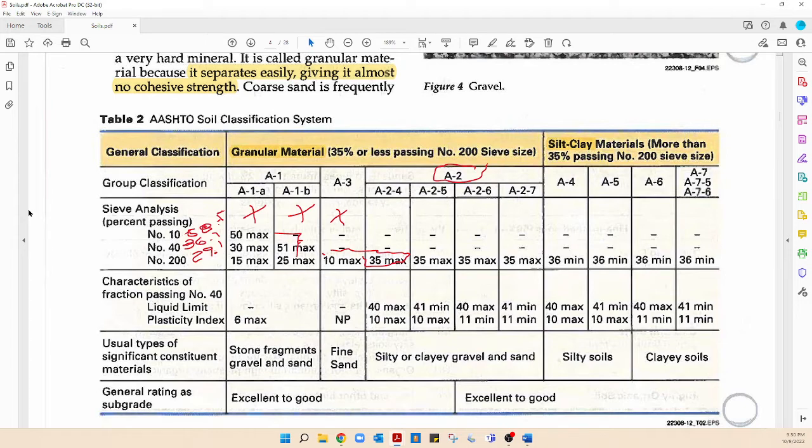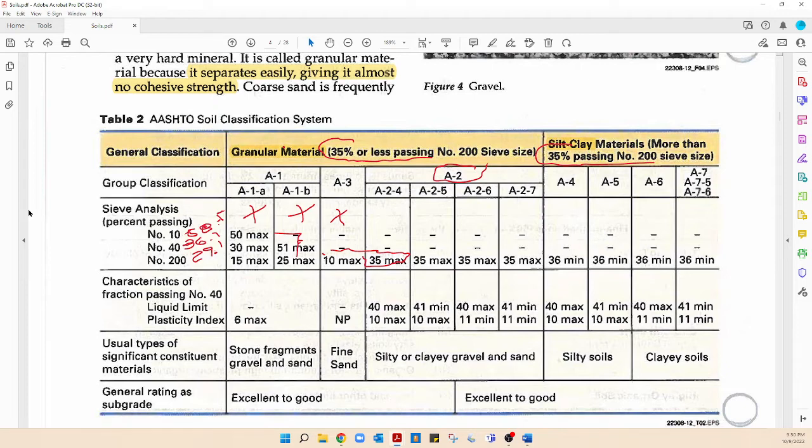And again, to show you how it's just like the other deal, we have the granular material in here being 35% or less passing, and the silt clay being more than 35% passing.